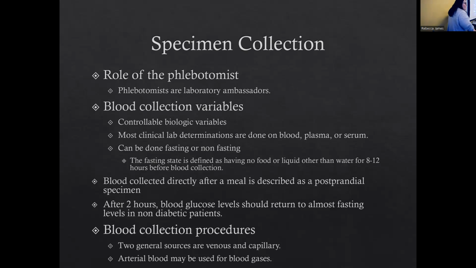Vancomycin is a super high-powered antibiotic. Obviously, if you don't have enough of the antibiotic, it's not working. If you give too much, it can shut down your liver and everything else. So, kill a patient.